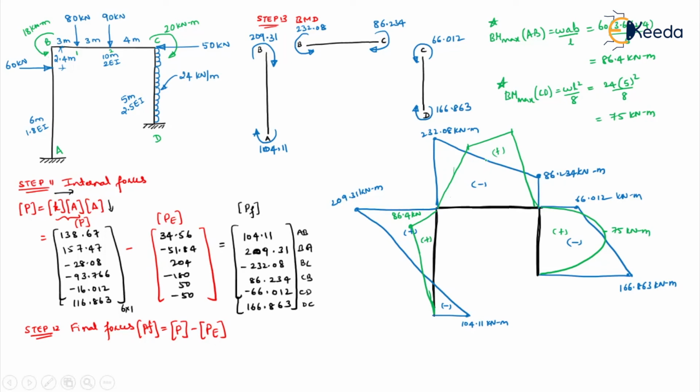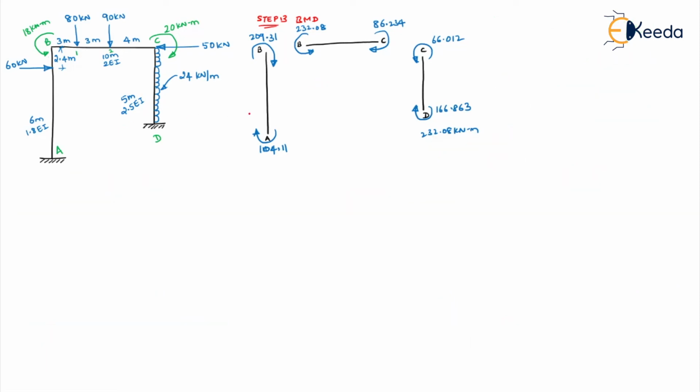Now let us go for the shear force calculation. For shear force, what do you need? You need to find the reactions. So in this figure, let us put all the values. Your step 14 is the shear force diagram for which you need reactions. Let me write one by one.